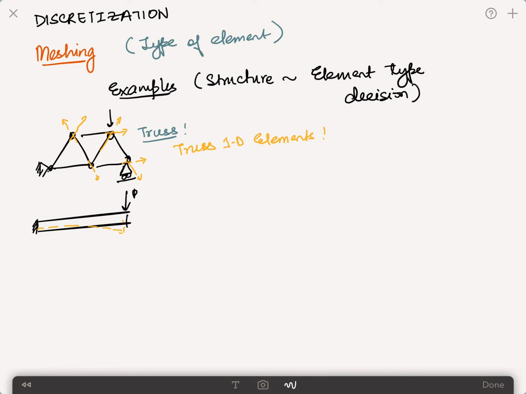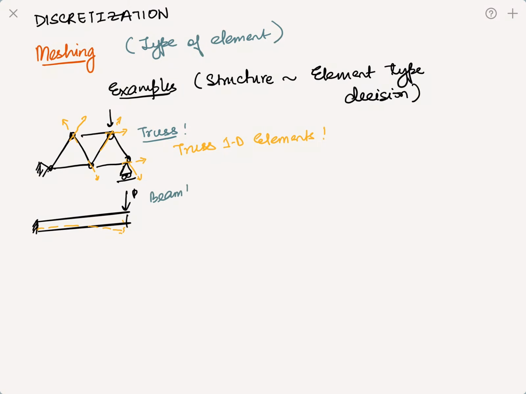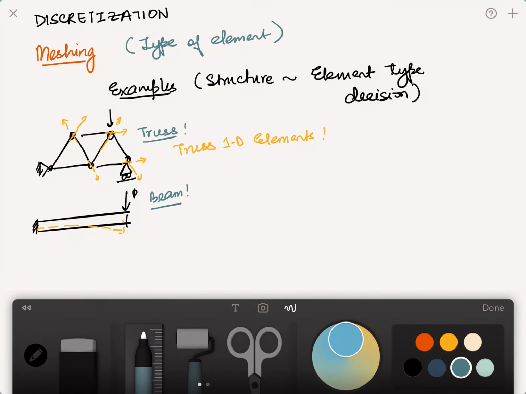There'll be a vertical displacement, and if we want to check what kind of stresses are arising everywhere, those axial stresses, and what kind of bending happens, then we will be able to idealize it also as a beam. It's enough to know that the cross-sectional area is much smaller than the length. It can be idealized again as a beam 1D element.